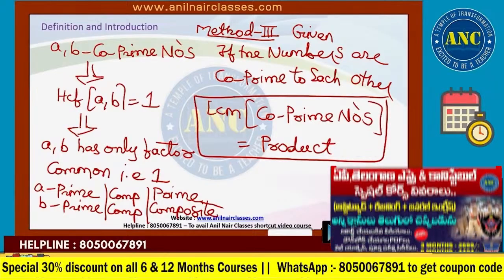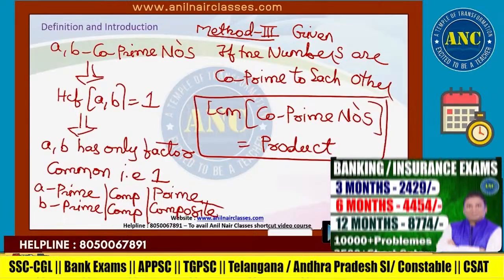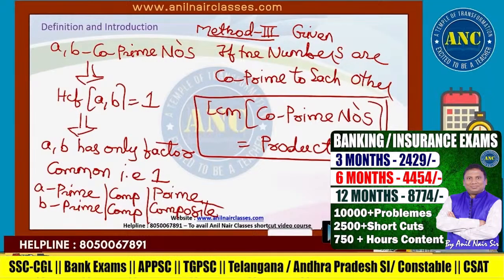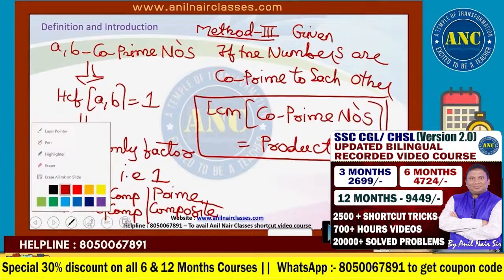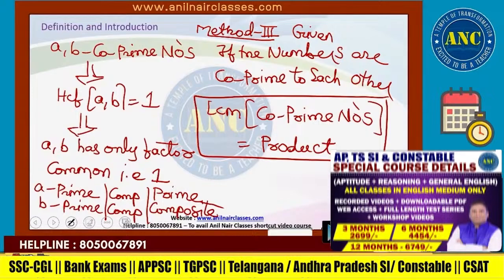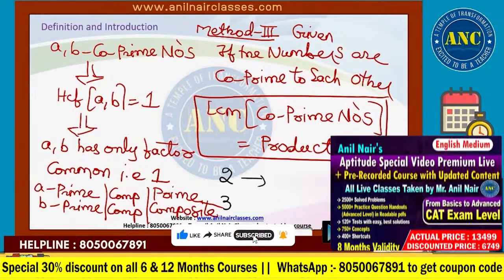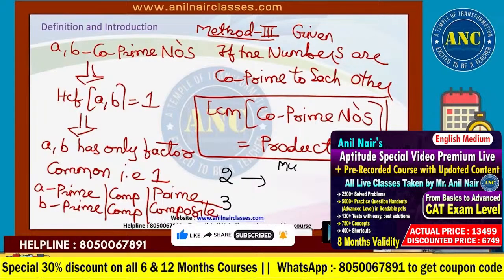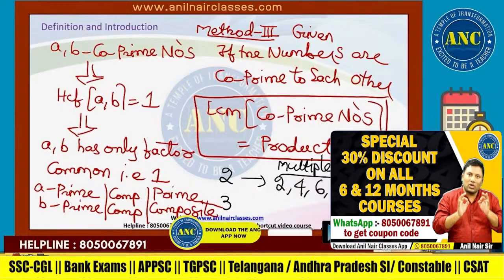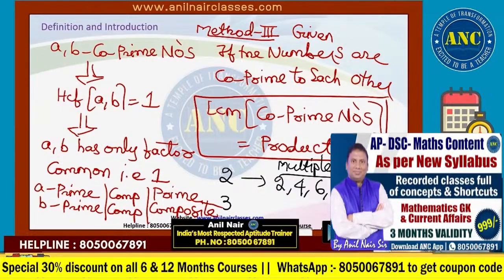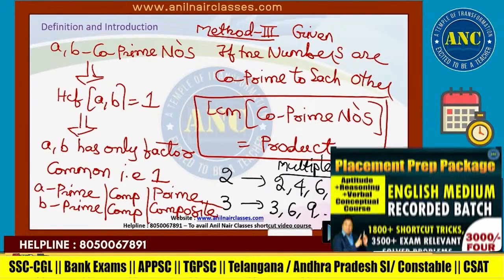Anil sir, why is the LCM of co-prime numbers a product? Why can it not be an addition? Why can it not be any other mathematical expression? It has to be a product. Why? Because if I take 2 and 3, which are co-prime to each other, the multiples of 2 are 2 1s are 2, 2 2s are 4, 2 3s are 6, 2 4s are 8. 3 1s are 3, 3 2s are 6, 3 3s are 9, and so on.